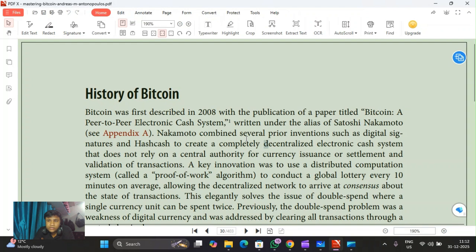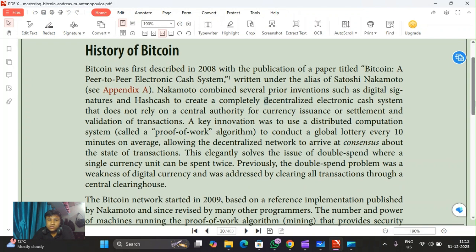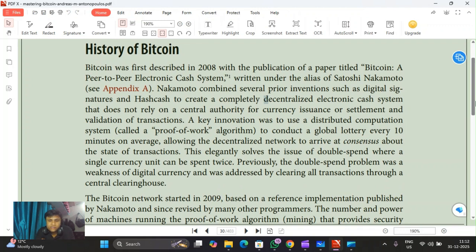And in our current system, we are not talking about Bitcoin now, the currency can be counterfeited. Anyone who has replicas of the plates of our currency notes can replicate our currency easily.